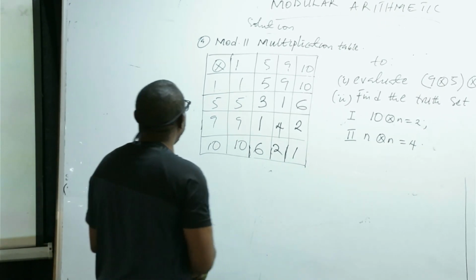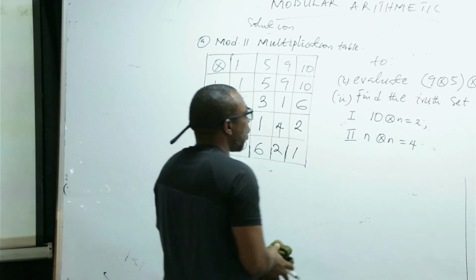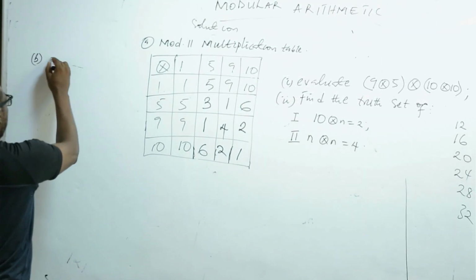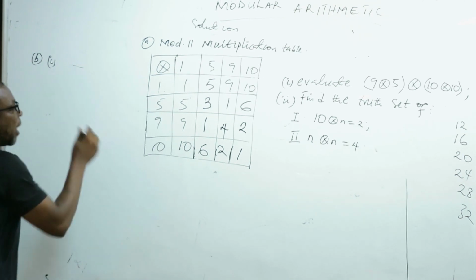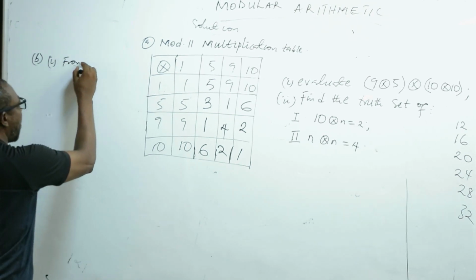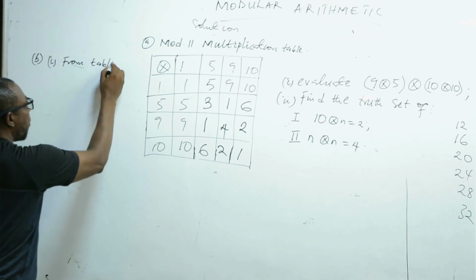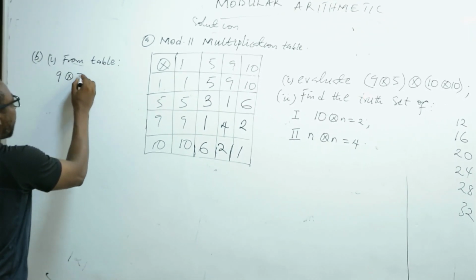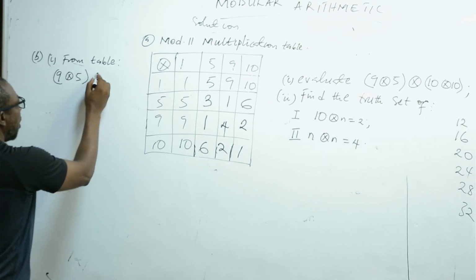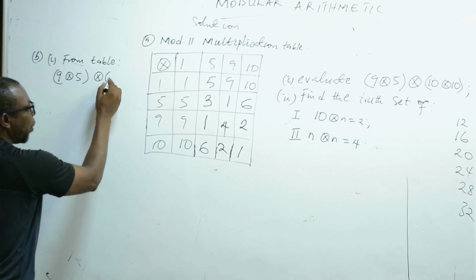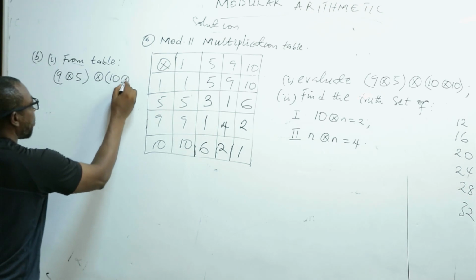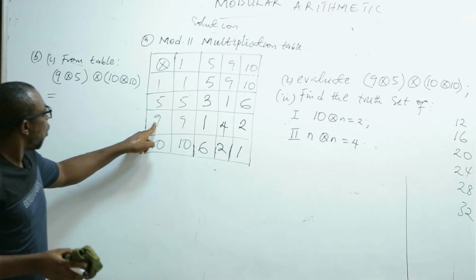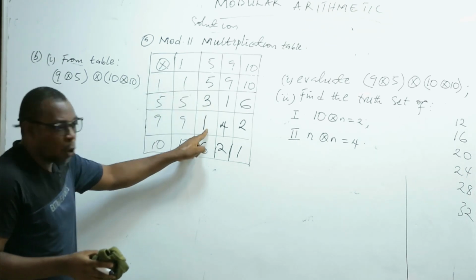We go down to B. Let me take B of I. They told us to evaluate. What do you write first? You say from the table: 9 operation multiplication 5, bracket open and close, operation multiplication bracket open 10 operation multiplication 10. 9 operation multiplication 5 gave us 1.